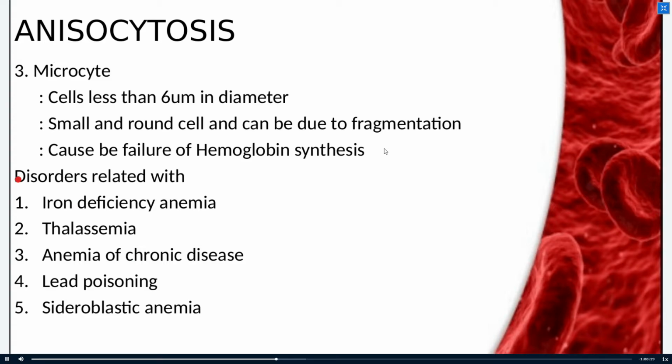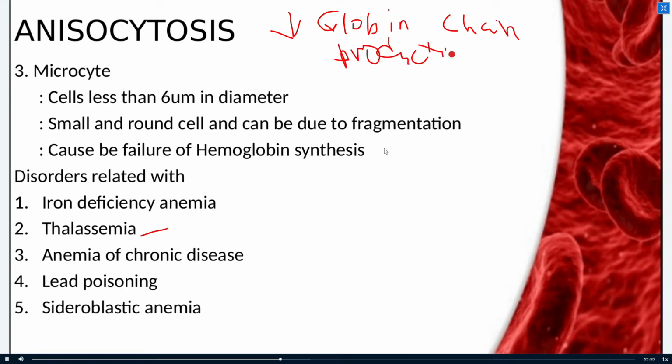Then another one would be your thalassemia, class. Hindi ko pa dapat ito discuss, but sige. Now, in thalassemia, remember you have your globin chains. Globin chain production is decreased.